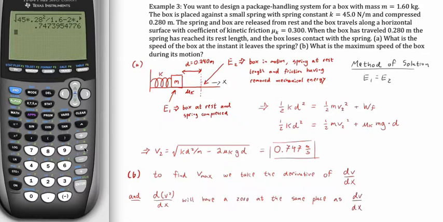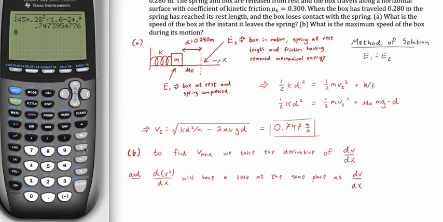And the reason for that is all we're saying is that the x location of that point where velocity squared is maximum must be the same x location as where v itself is maximum, rather than v squared being maximum.